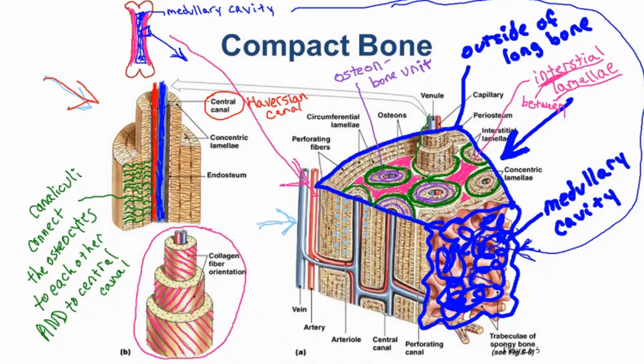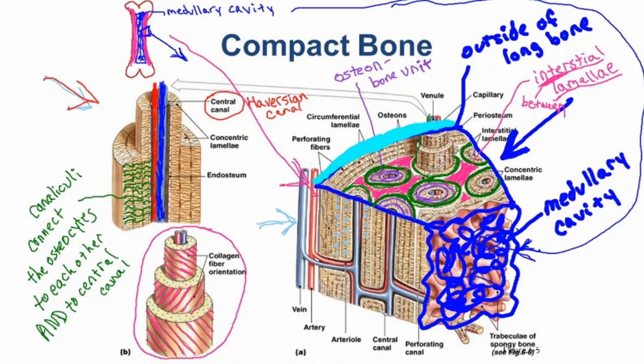Now, one more type of lamellae that's in this bone, the very outside of the bone, which I'm highlighting in light blue. So the periosteum would be wrapped around here outside.